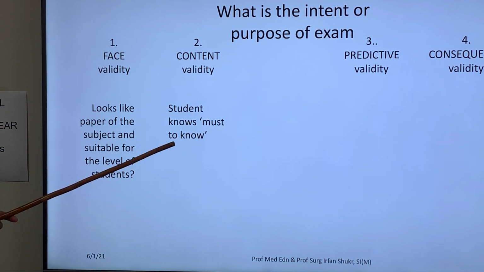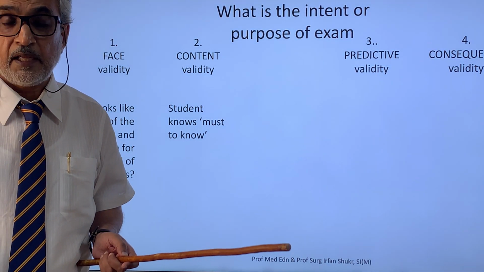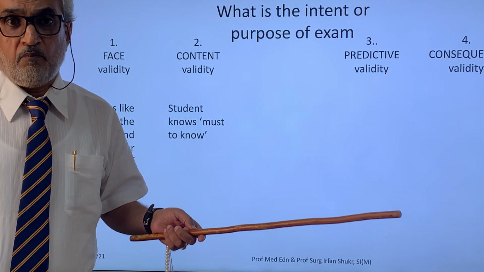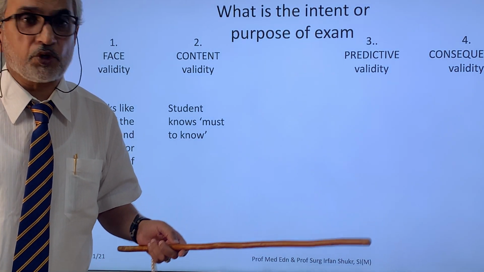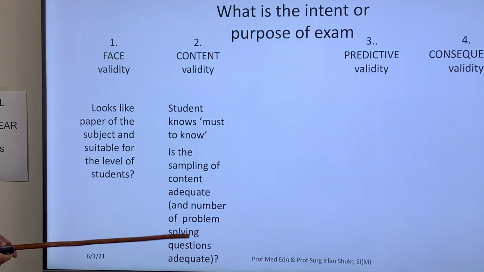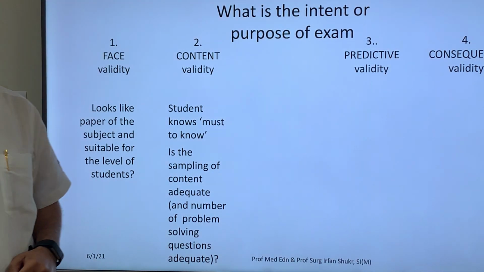Content validity, students know, must to know. And since must to know may be more in a course, and actually it is more in a course, is the sampling of content adequate? And number of problem solving questions adequate?